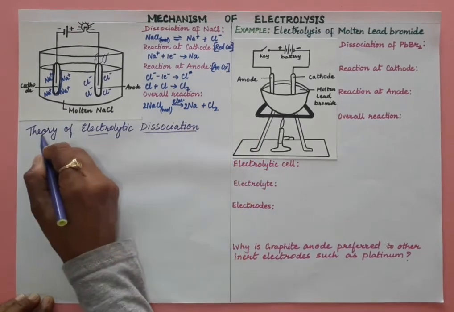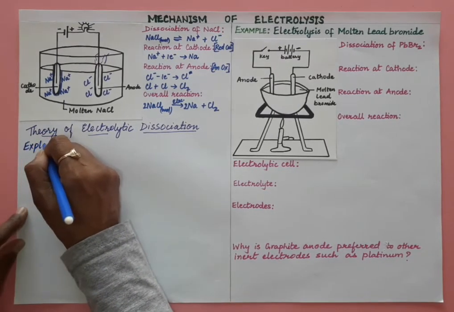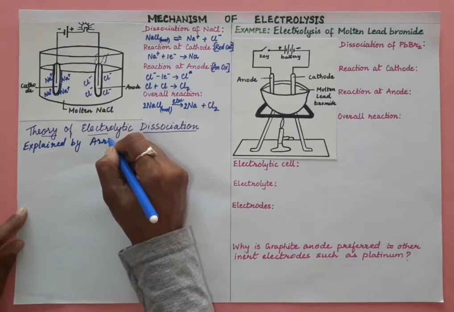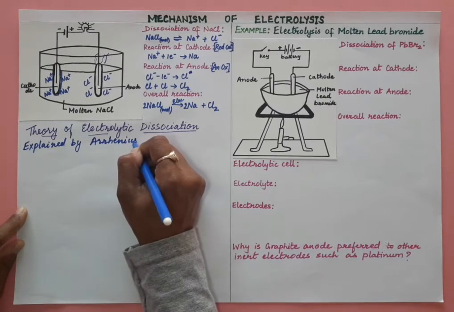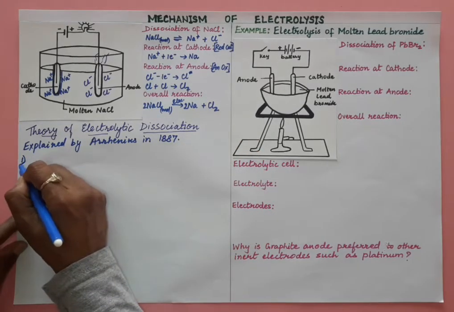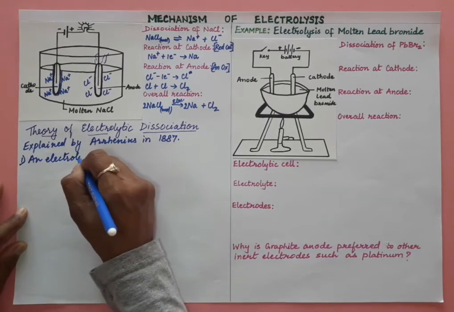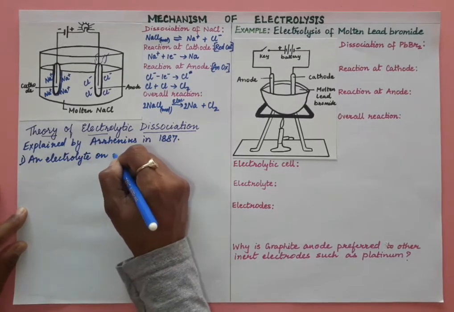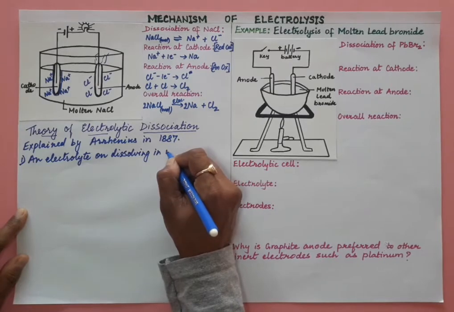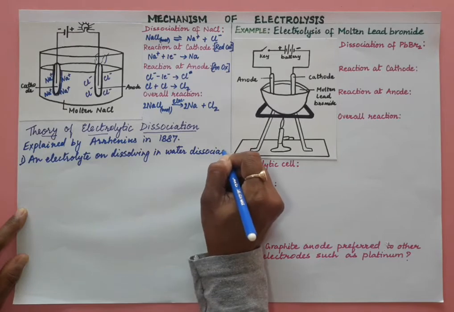This theory of electrolytic dissociation was first explained by the chemist Arrhenius in 1887. The postulates are: an electrolyte on dissolving in water dissociates into ions.